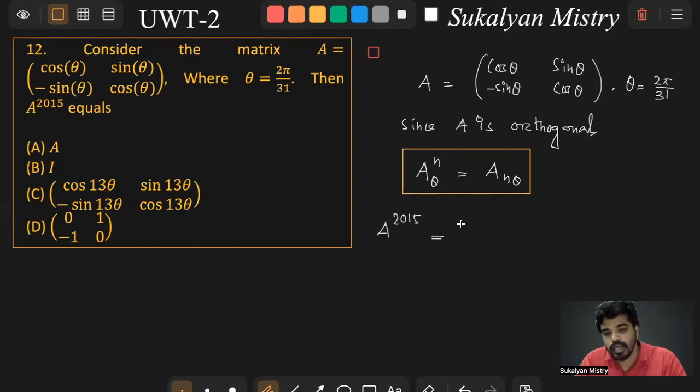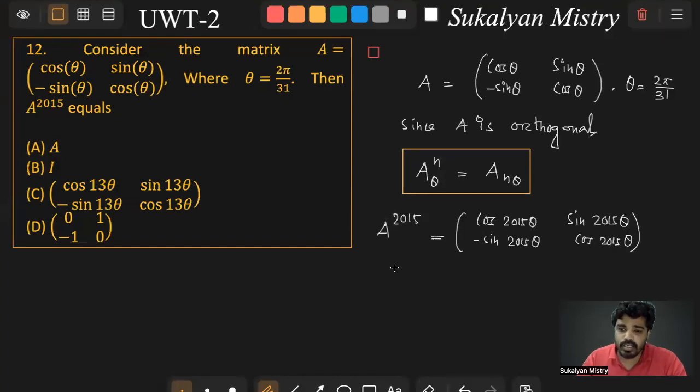So we have to calculate A to the power 2015. That means cos 2015 theta, sin 2015 theta, minus sin 2015 theta, cos 2015 theta. Okay, so what is theta?